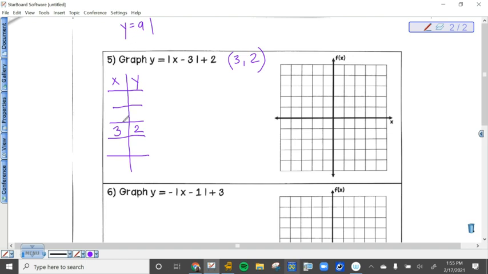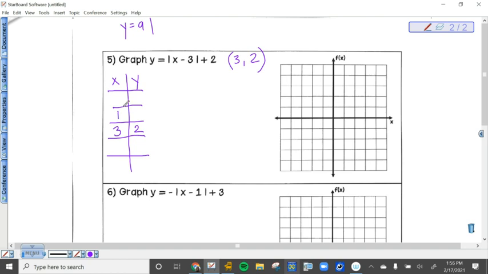Now let's pick two numbers smaller than 3. Give me one. A number smaller than 3. 1. And another one. A number smaller than 3 that isn't 1. 2.